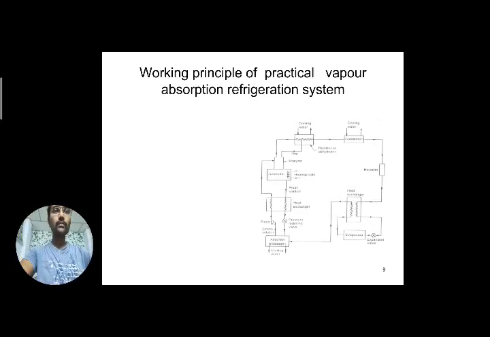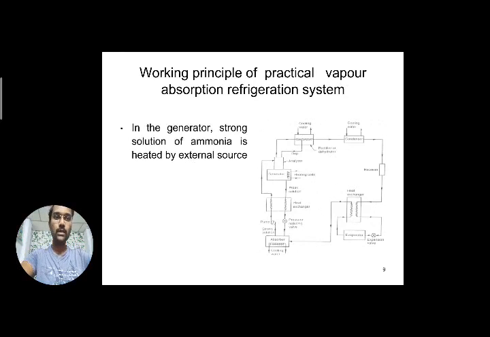Here I focus on the working principle again, so you can clearly understand the functioning of these additional components. In the generator, the strong solution of ammonia is heated by an external source. As we discussed earlier, in the generator a heating coil is provided, so it gets heated, and the strong ammonia solution gets vaporized due to the addition of a little heat.